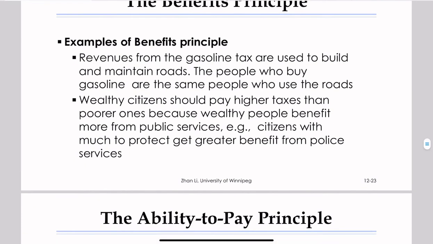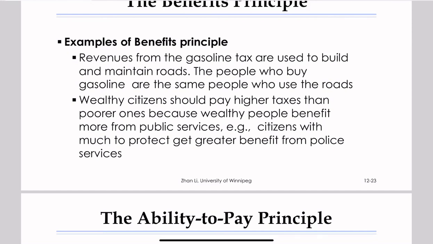And then the second example is that generally, if you have higher income, you will have to pay higher income tax. This kind of design again fits into the benefits principle, because if you're wealthier, you could benefit more from public services.